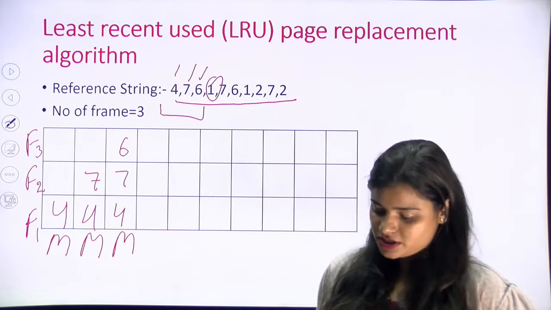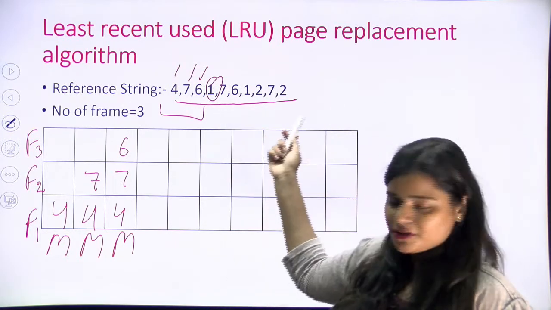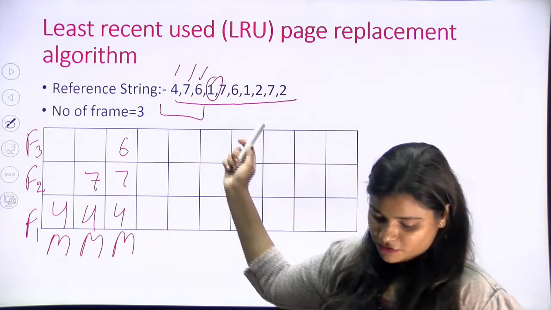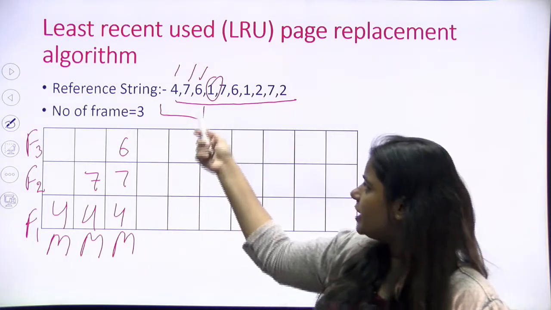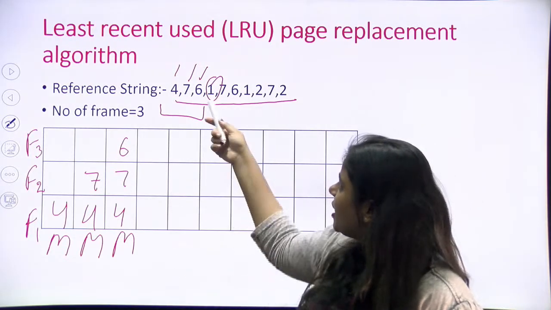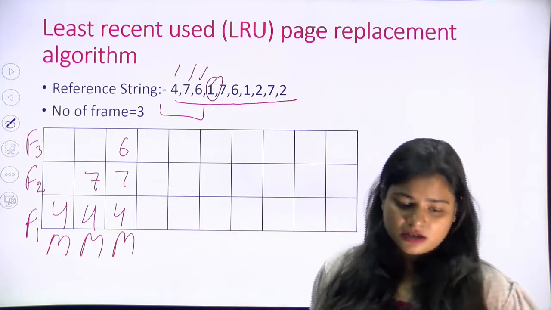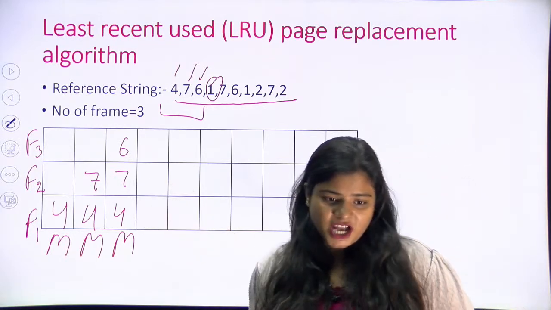Okay students, just write. In optimal I was looking for the future, in least recent used I am looking for the past. So what kind of approach will I apply over here? I have to place 1 inside the main memory. So among 4, 7 and 6, which page will I remove first?